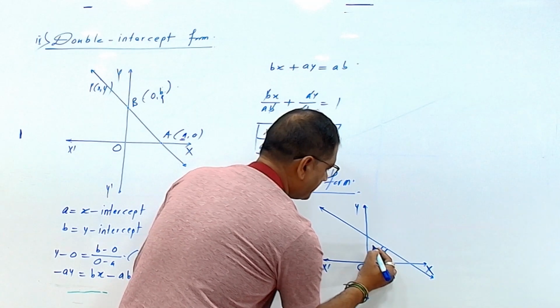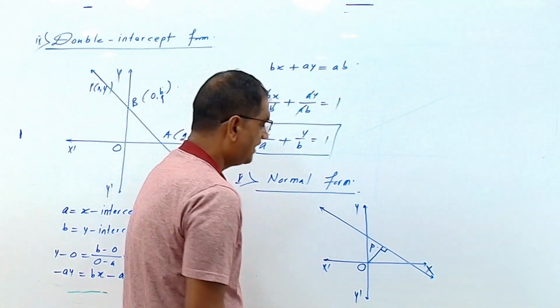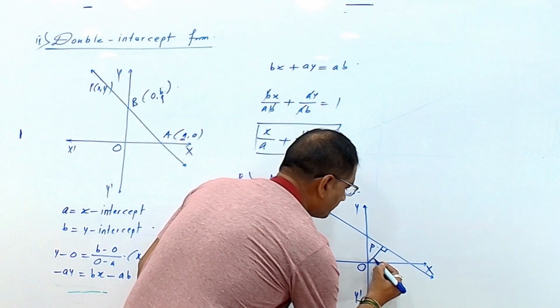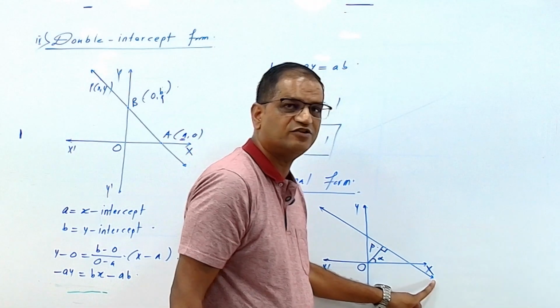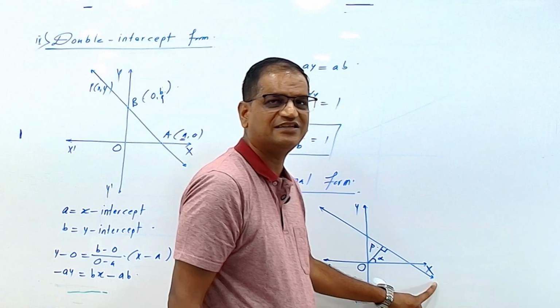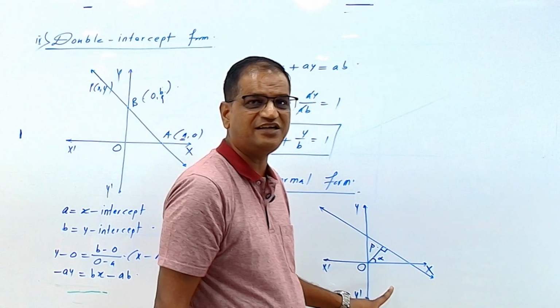This is the normal and small p is the length of the normal. And say the inclination of the normal be alpha. Here I am not at all taking the inclination of the line. I am taking the inclination of the normal.